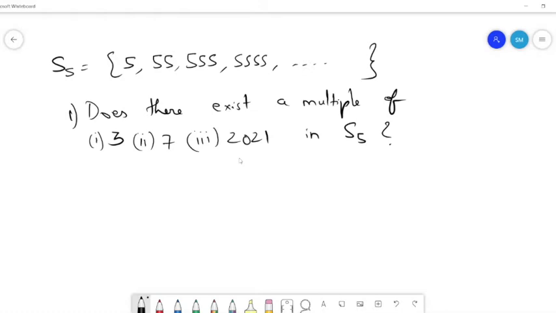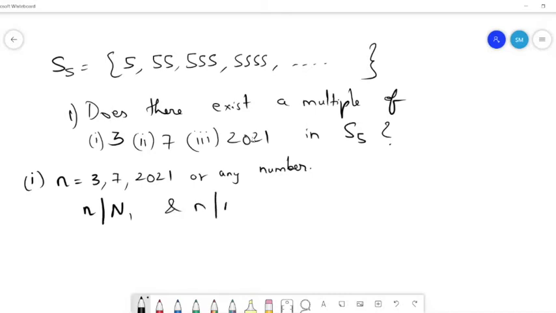Yes, sir. We were trying to see if we can have a more elegant approach to this problem. And for that, I had given a few hints. First hint was, here we have 3, 7, 2021. Instead of having that, we'll just take it as n. 3, 7, 2021 or any number. So if n divides a number n1 and n divides a number n2, then, sorry.